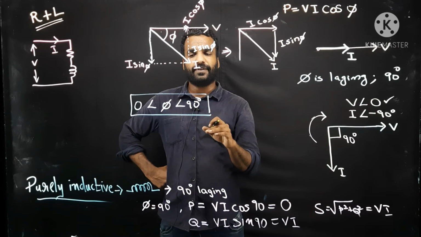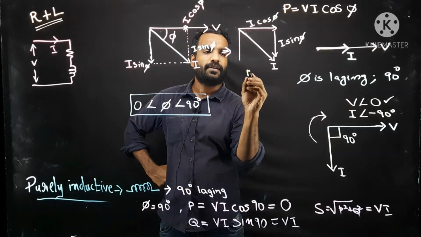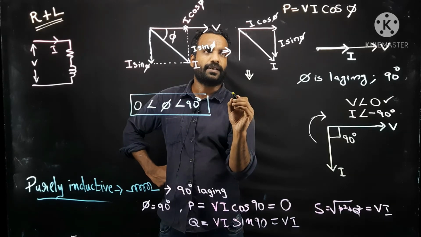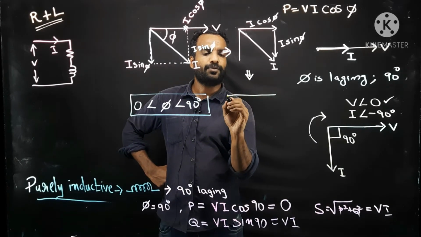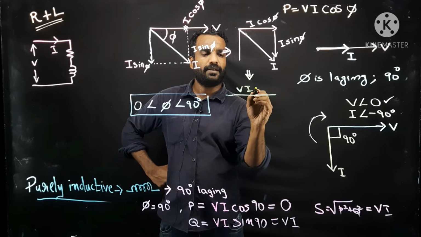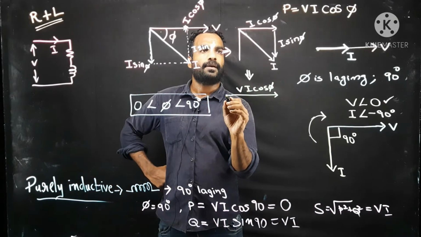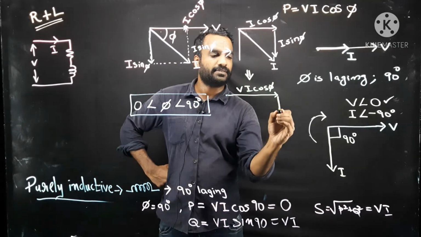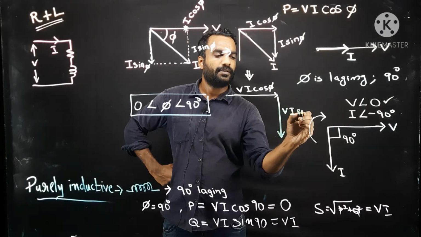V is V angle 0, the reference. What happens? This figure will be modified, and the magnitude will change because we are multiplying by V: Vi cos phi on this axis, and on this axis it will be Vi sin phi.